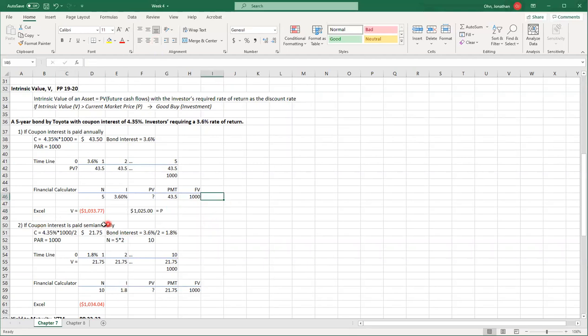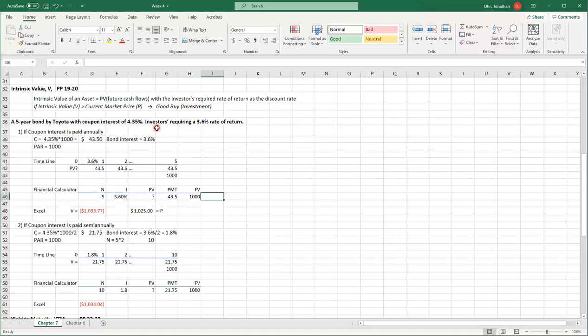Look at this. The intrinsic value that we calculated is, as I said, the theoretical value, right? The theoretical value was $1,033.77. But the same or similar bond is sold and traded at $1,025 in the market. The current price is $1,025. So the current market price is less than the intrinsic, theoretical value.